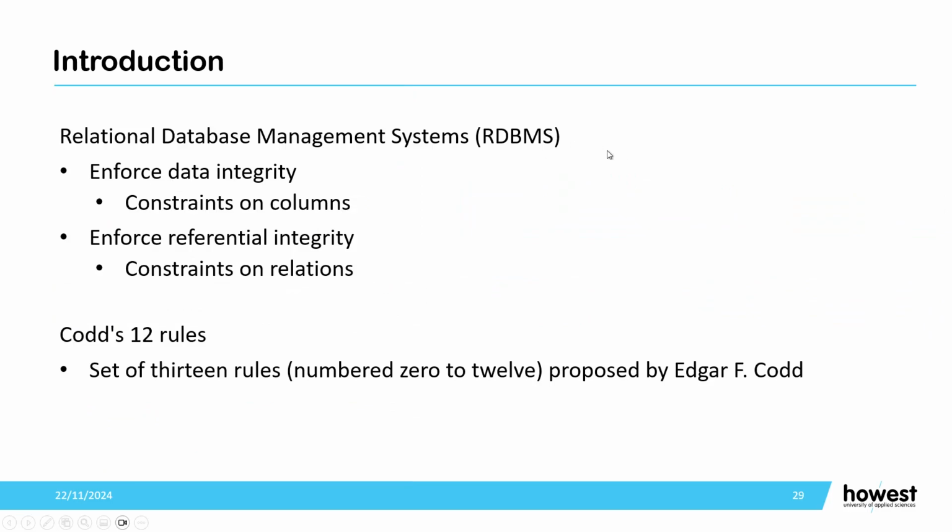And the database management systems, remember that's the software that we will be using. If it's for a relational database, then we call it a Relational Database Management System, RDBMS. And those get some extra rules on top of the nice to haves.